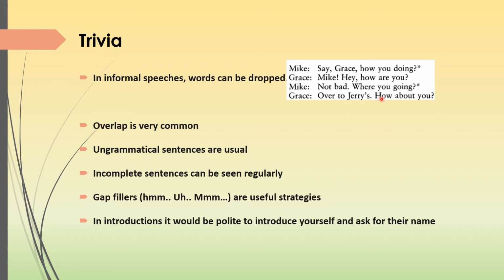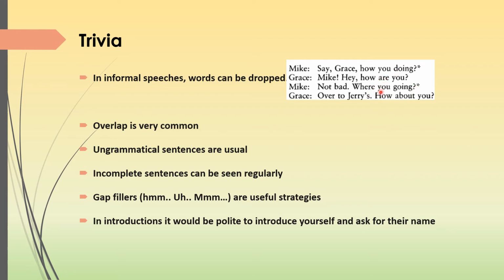So if we look at these two star sentences in here, you can see that we do not have "are" in between how and you. How you doing, rather than how are you doing, and in lieu of where are you going, here the conversation used where you going.